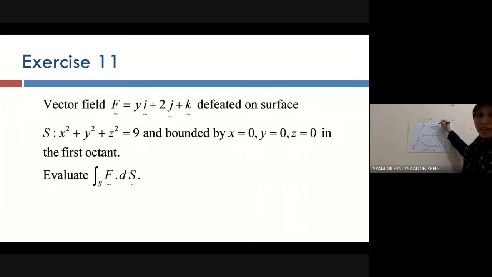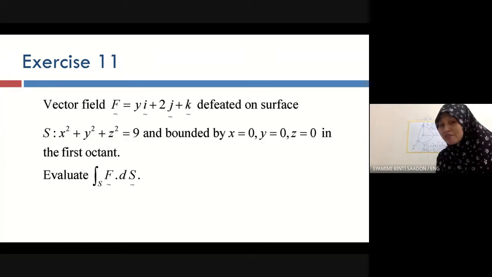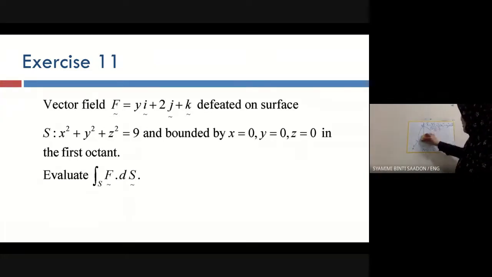Or you can write 1 over 3 times x i plus y j plus z k. This is n, the normal vector n. Okay, and then we combine all of this with the vector F.